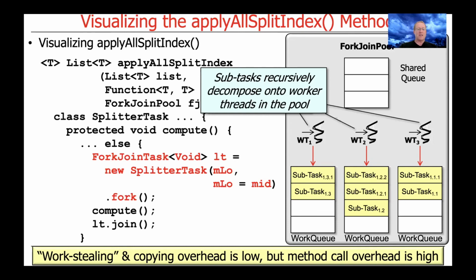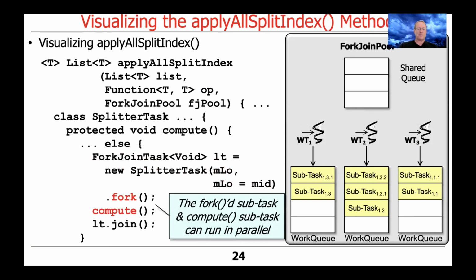The nice thing is that work stealing is low because we're doing this recursive partitioning. Copying overhead is low because we're not doing sublists that require all these copies. Although we are making a bunch of recursive method calls, which isn't the end of the world because that's heavily optimized in modern Java runtime environments, it's higher than what we were doing before with the applyAllItter method, which didn't have to do any recursive calls at all.